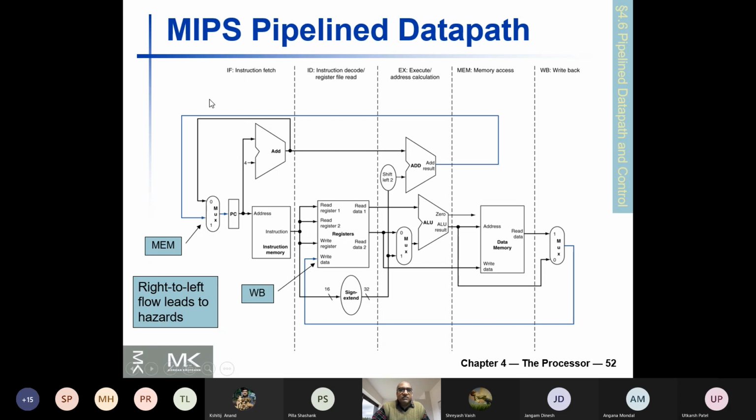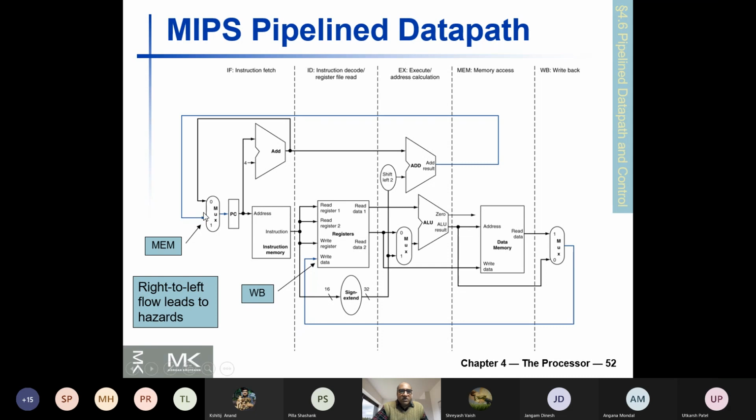Another thing is that data is moving back from a later stage to an earlier one. The data arriving from the memory stage and from write back goes to the previous stages, not the forward stages. These lead to different hazards.